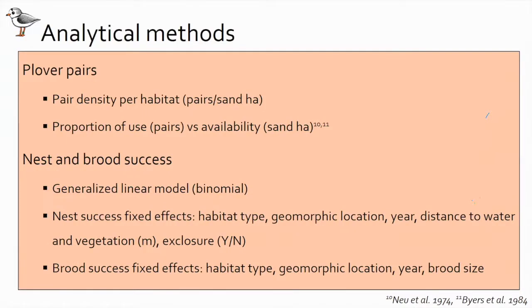And then to assess nest and brood success, we used a generalized linear model, including fixed effects for habitat type, geomorphic location, and this just referenced whether they were on the beach front, whether they were in the dune, or whether they were further towards the bayside in their nest location. Year, distance to water, and distance to vegetation, which were proxies for the potential risk of flooding or predation.